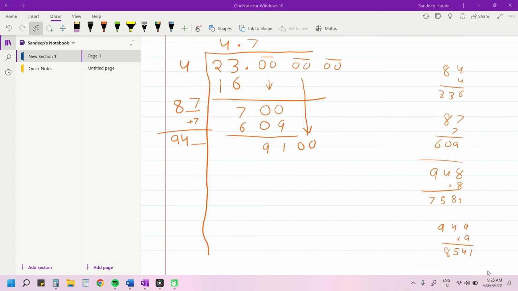By using the trial and error method, we found that the digit should be 9. So we write 9 in the dash and 9 at the top. We can do this method again and again to infinity to get as much precision as we want. The fairly precise square root of 23 is 4.79.